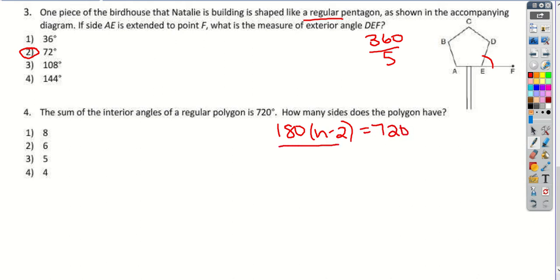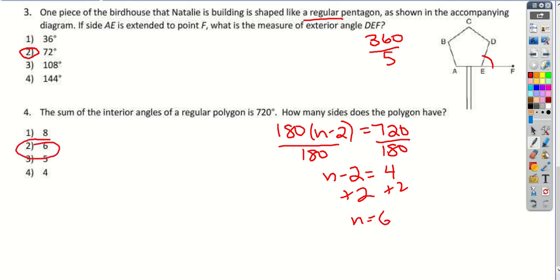And then a quick easy solution, I can divide this by 180. So n minus 2 is going to equal, quick calculated math here, 4. And so then we just add 2 and we get n is equal to 6.